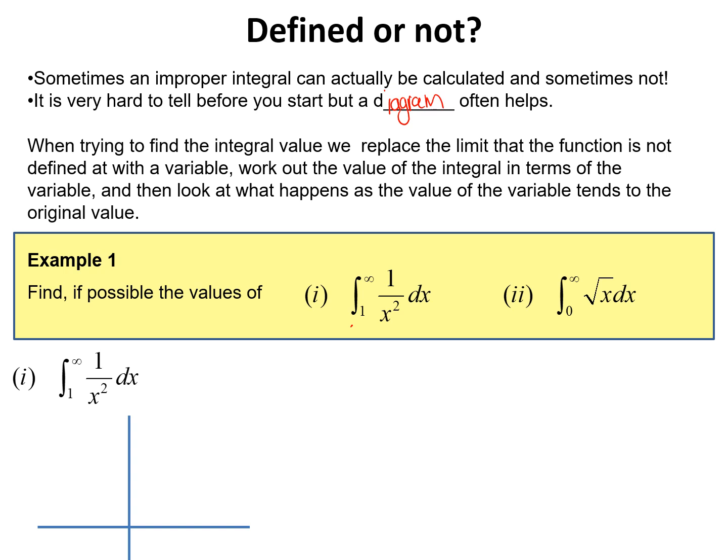When trying to find the integral value, we replace the limit that the function is not defined at with a variable. Work out the value of the integral in terms of the variable, and then look at what happens as the value of the variable tends to the original value. That sounds awful, but it's really easy.